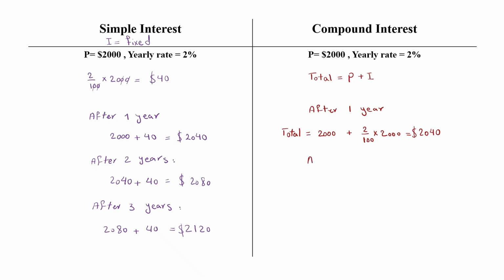But after 2 years, you have the same thing? No. The total would be, as I told you, principal. Now you have to change your amount of money to 2040.